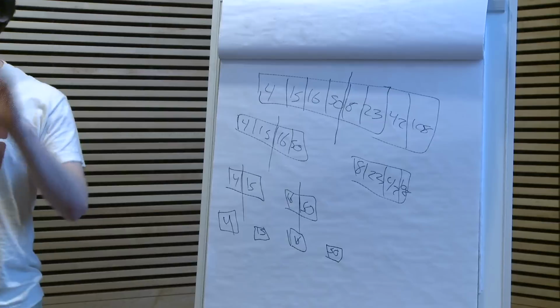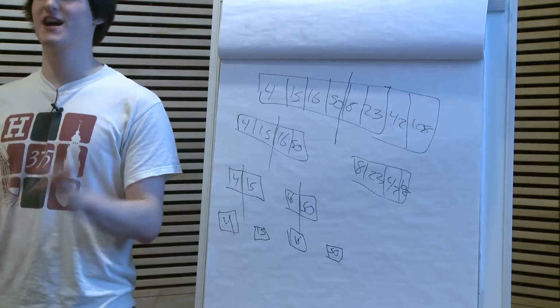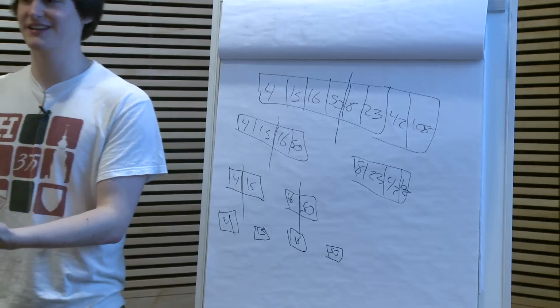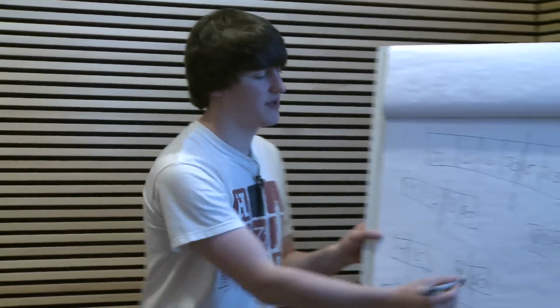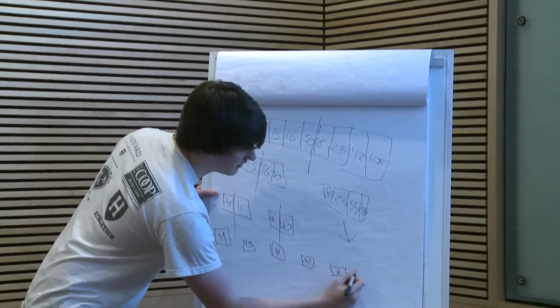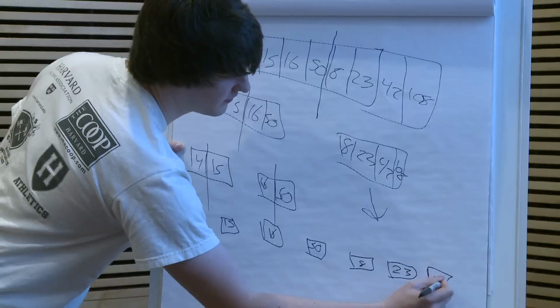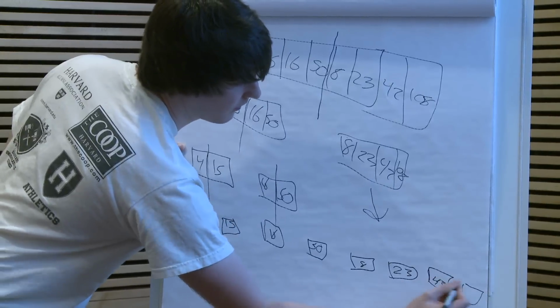So that is our base case. Once the arrays are of size 1, then we stop splitting into halves. This will also break down into 8, 23, 42, and 108.